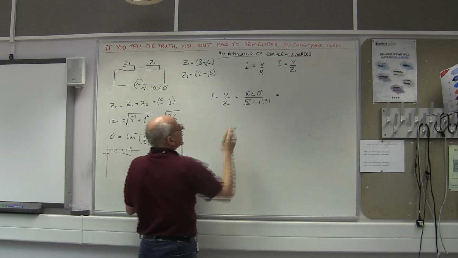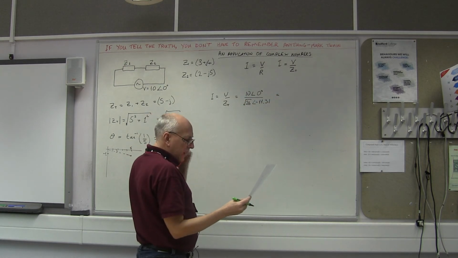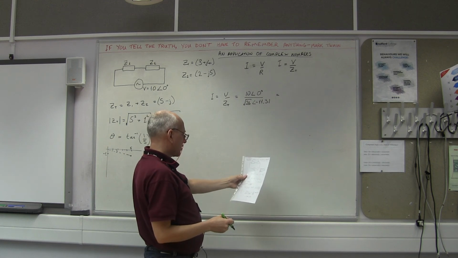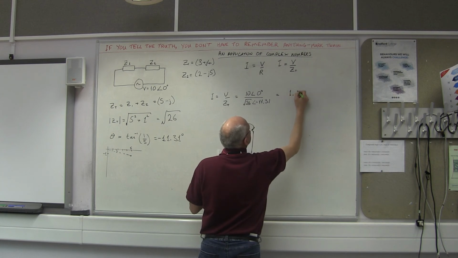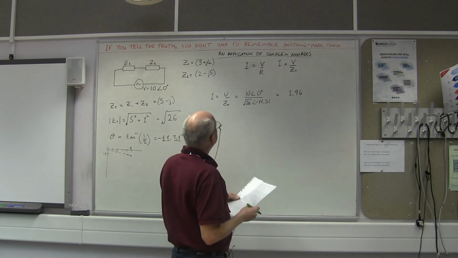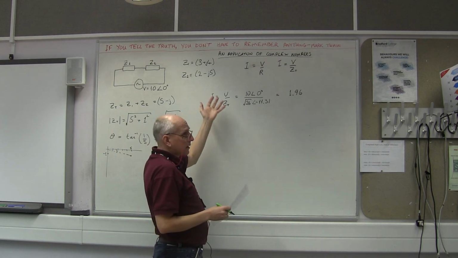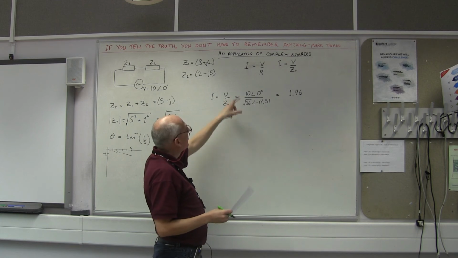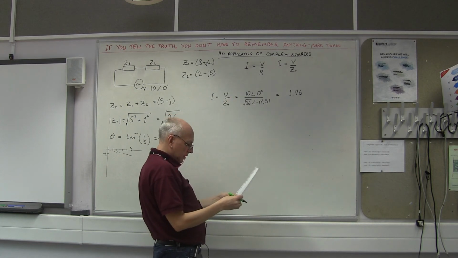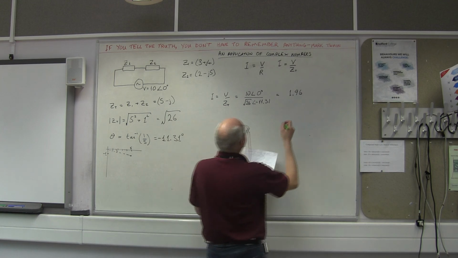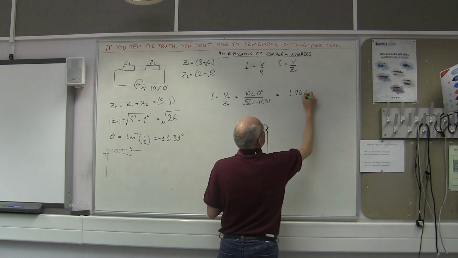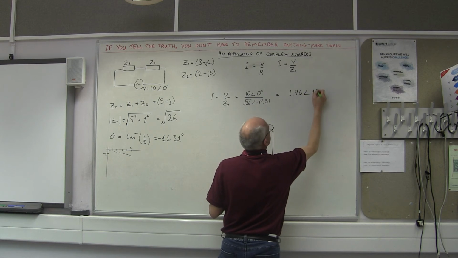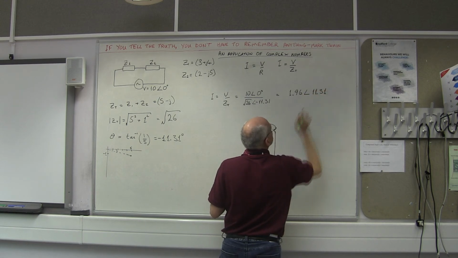So that's going to give me, apparently, 10 divided by root 26 gives me 1.96. Sounds reasonable, because the square root of 25 will give me 5, and 10 divided by 5 will be 2. So 1.96 looks reasonable. And the angle's easy enough to find. Subtract a minus, it becomes a plus. So it just becomes 11.31. So that's my result.